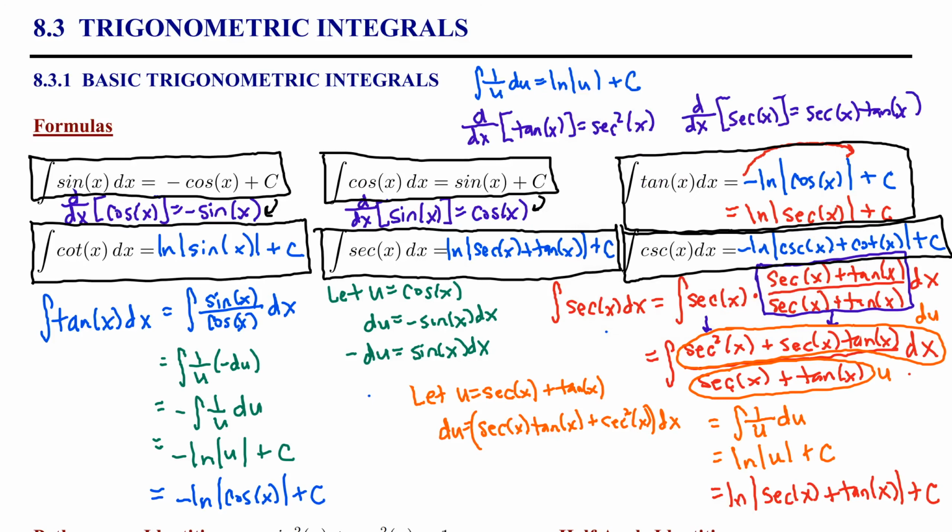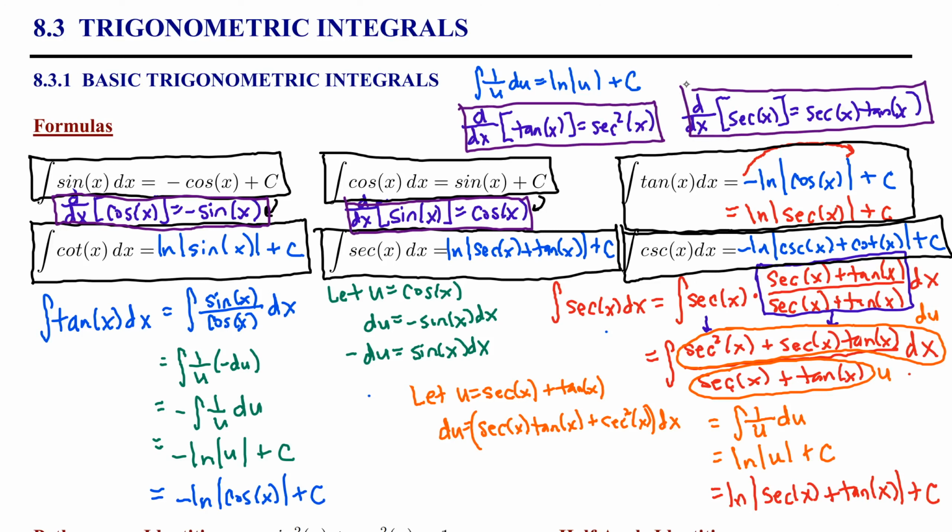Now, as you're learning these integral formulas, it's also not a bad idea to take this opportunity to go back and review the derivatives of your 6 basic trig functions. We've got 4 of them listed on our notes at this point. So here's the first one, the derivative of cosine, we have the derivative of sine, we have the derivative of tangent, and the derivative of secant.